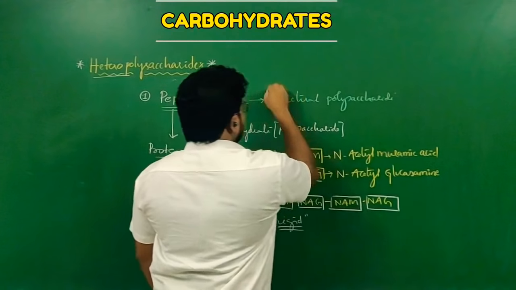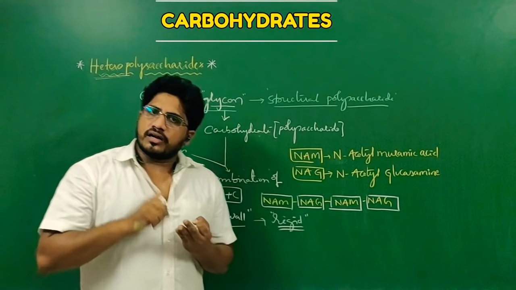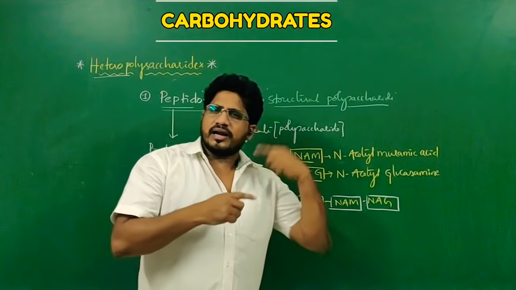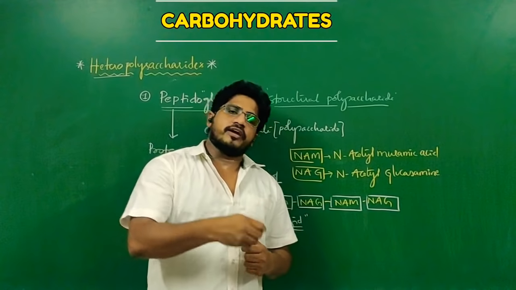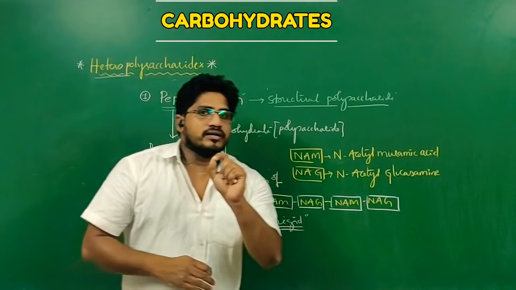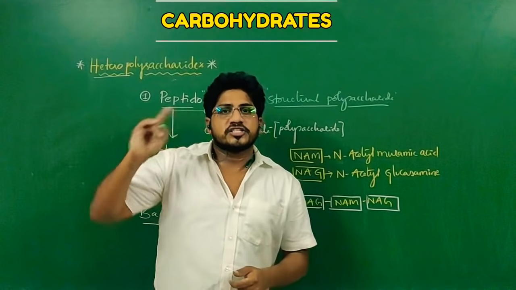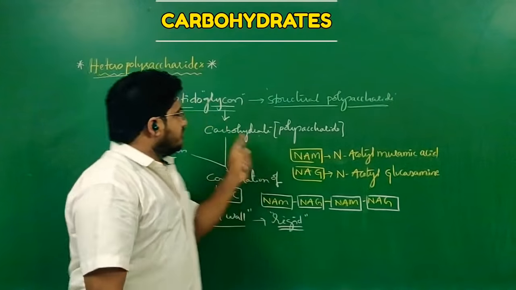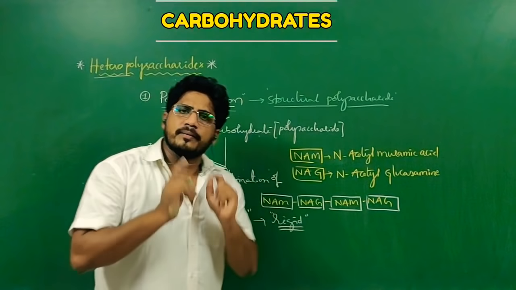Whereas you have seen that cellulose or starch or glycogen or inulin or amylose or amylopectin, all these help in storage somewhere, whether it is in plants or animals. But except chitin. Chitin is also structural, but chitin is a structural homopolysaccharide, whereas peptidoglycan is a structural heteropolysaccharide. This is the major difference.